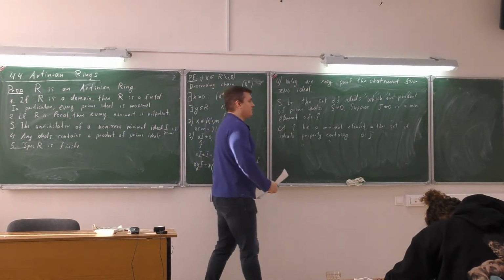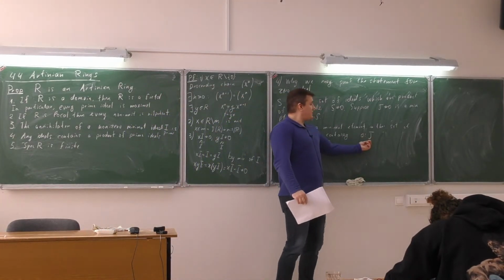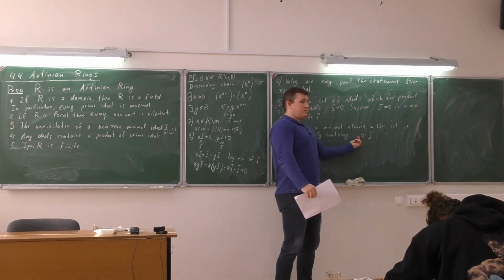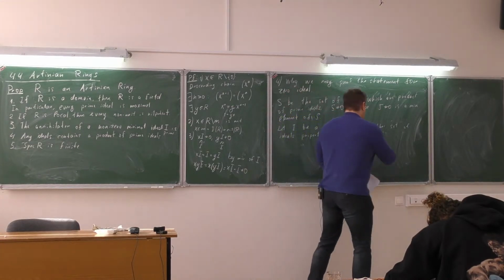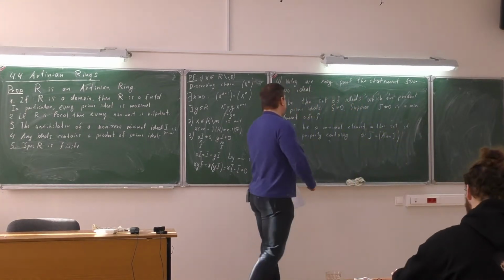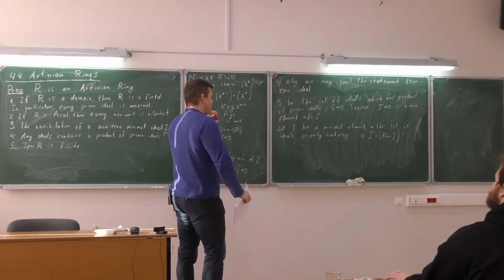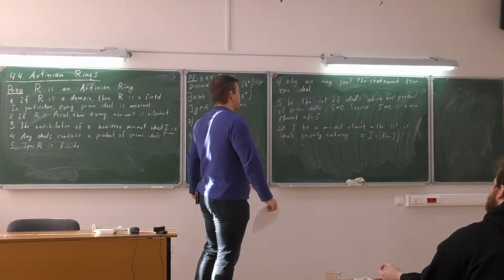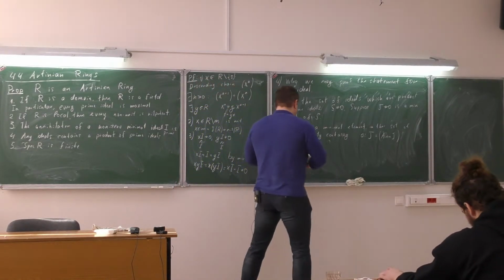Well, clearly from the definition of the colon ideal, these are all the elements which when applied to J give me 0, so that's exactly the annihilator of J. And I is the minimal element over this annihilator.